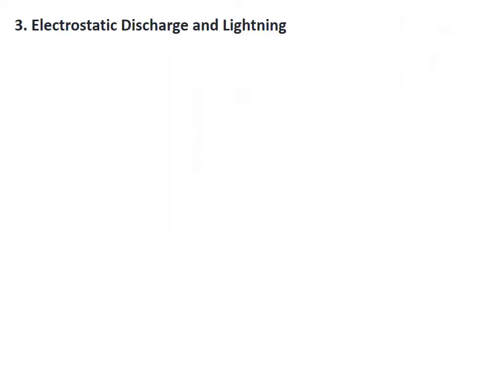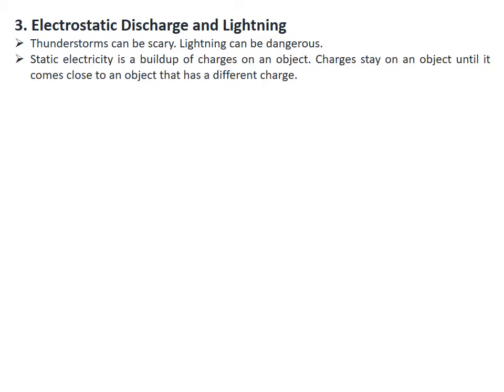Now we are going to talk about electrostatic discharge and lightning. Thunderstorms can be scary, and lightning can be dangerous. As we already said before, static electricity is a buildup of charges on an object.